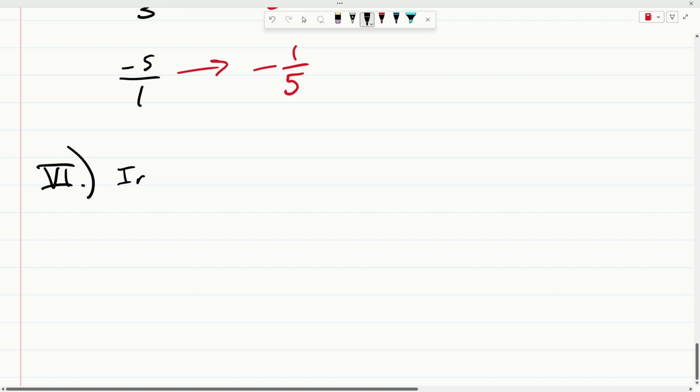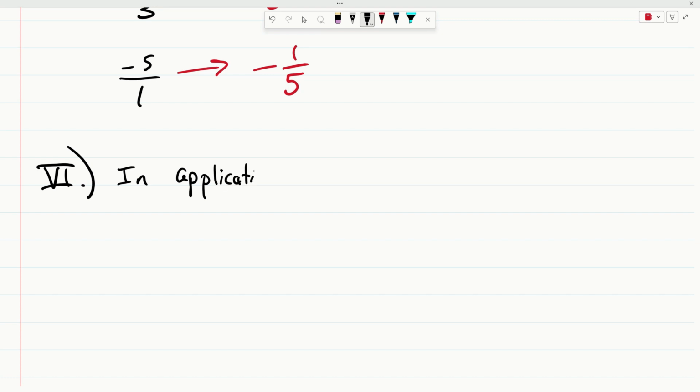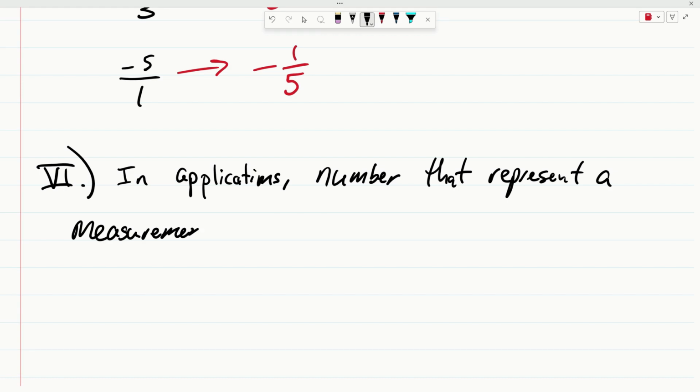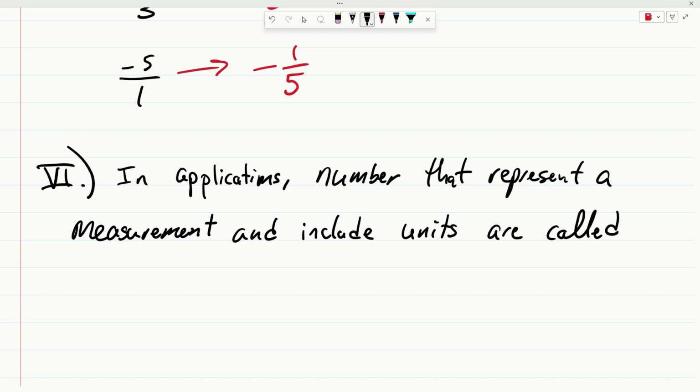So in applications, numbers that represent a measurement and include units are called denominate numbers. Units are huge.